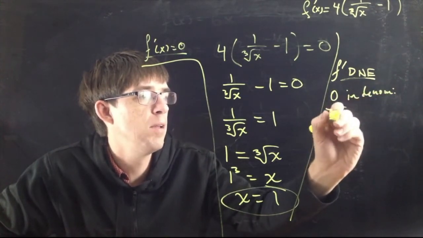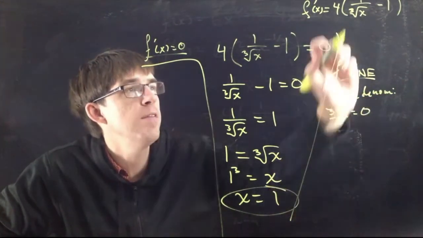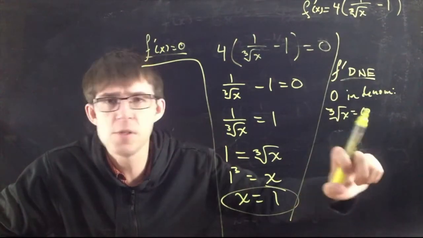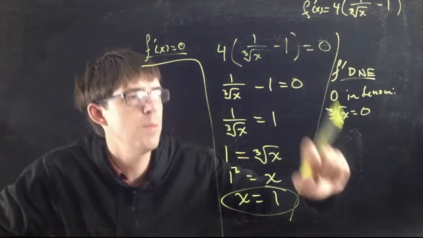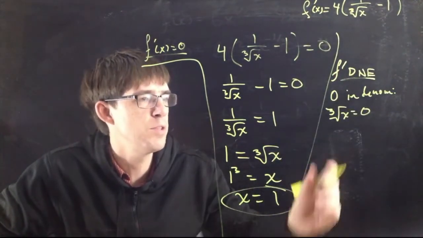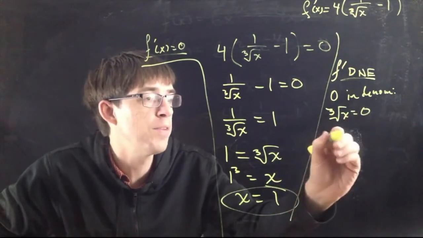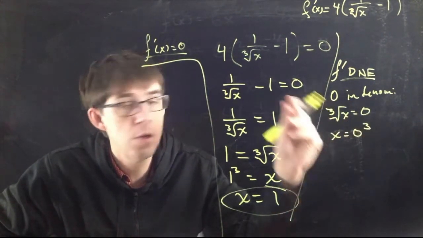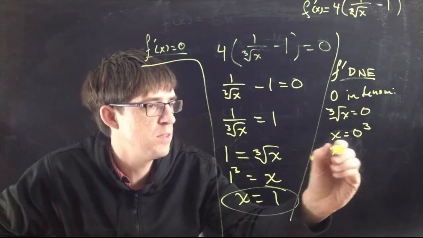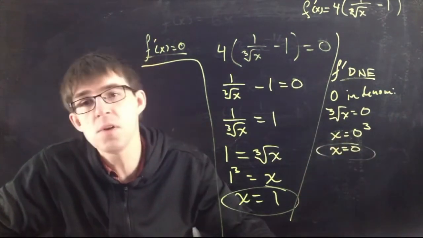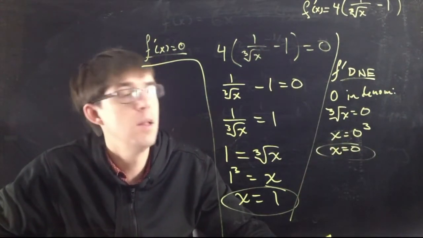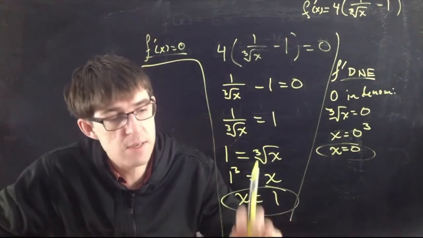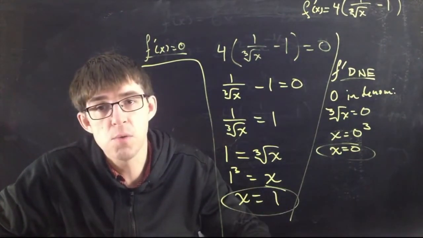That would say, if the cube root of x somehow equals 0, can we solve that for x to determine which x has cube root x equals 0? Well, yes, again, cube on both sides. And 0 cubed being 0 times 0 times 0, this is 0. So x equals 0 is also a critical number. I have two critical numbers, x equals 1 and x equals 0.